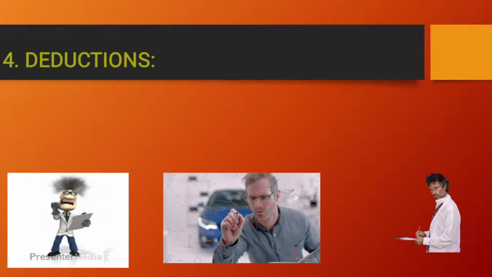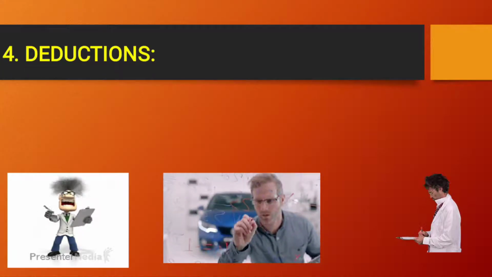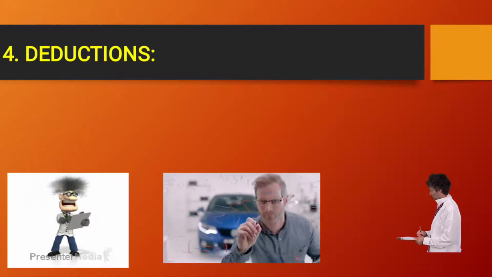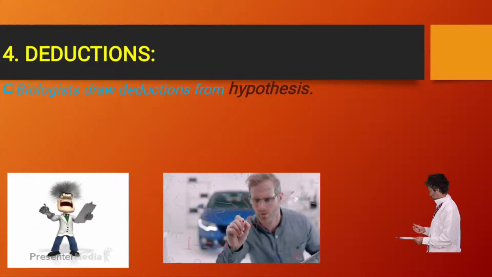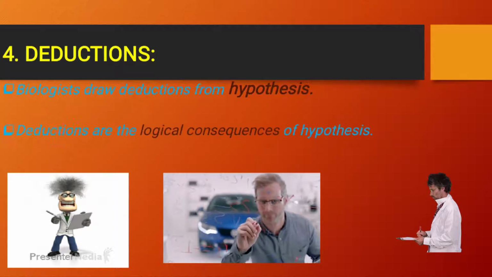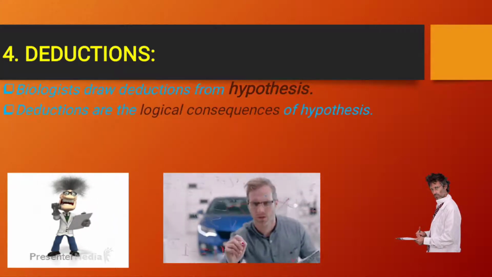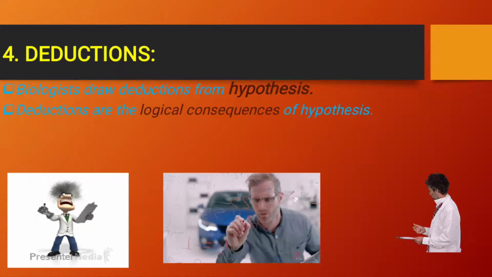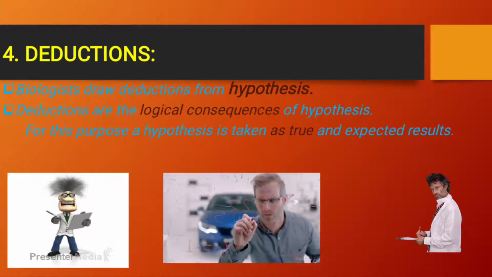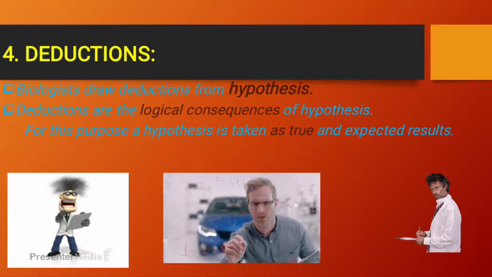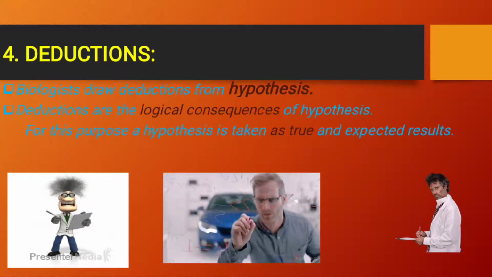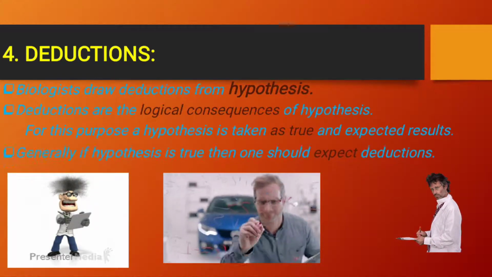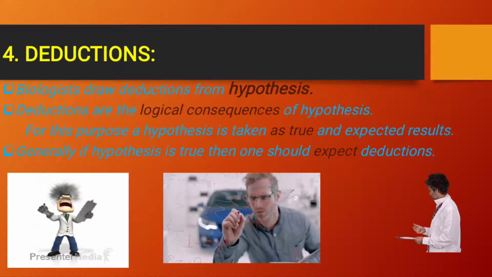Fourth step of biological method is deduction. Biologists draw conclusions from hypotheses. Deductions are the logical consequence of hypotheses. For this purpose, a hypothesis is taken as true and expected results are drawn. Generally, if hypothesis is true, then one should expect deductions.